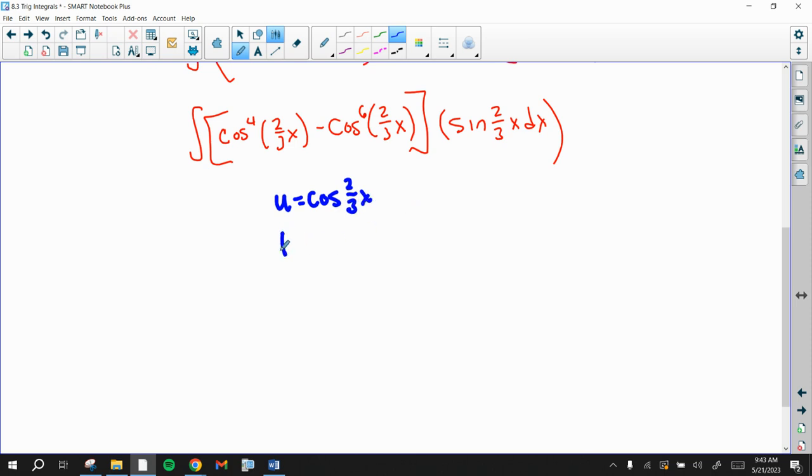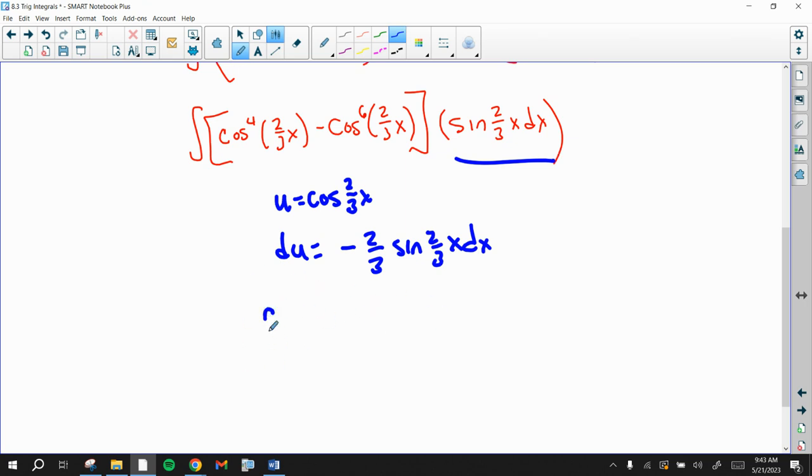That would make my du equal to negative sine of 2/3 x times 2/3, the derivative of the inside. So you can see the whole reasoning behind this. I have that du factor. Now it's a pretty straightforward u substitution.